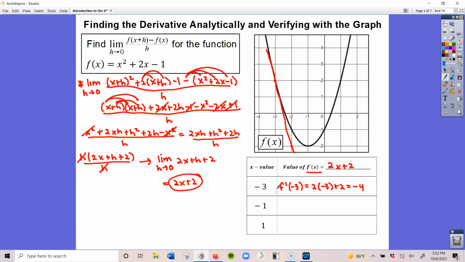If I want to know the slope of the tangent line at x is equal to negative 1, here's the negative 1, my tangent line will be horizontal. So I can suspect that this is going to equal to 0 because all horizontal lines have a slope of 0. So that would be 2 times negative 1 plus 2, which gives me negative 2 plus 2, so 0.